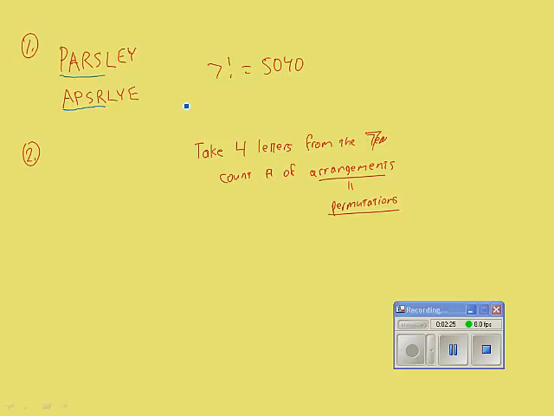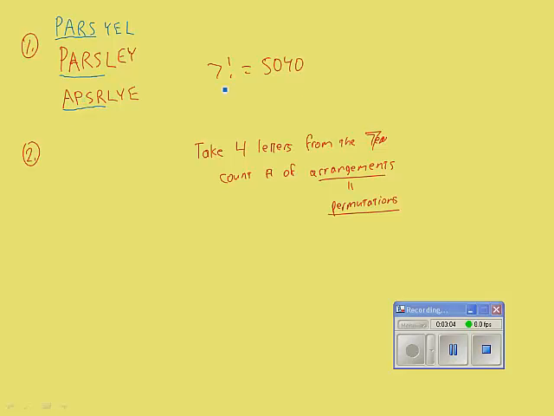Well, wait a minute. There's not 5,040 because if I had this word in the list, P-A-R-S-Y-E-L, parsley, what's the 4-letter word you would get from this arrangement? Same, P-A-R-S, right? Do you see that? So are there more than 5,040 or less than 5,040 arrangements of 4 letters? Less. Now here's a question. How many less are there?